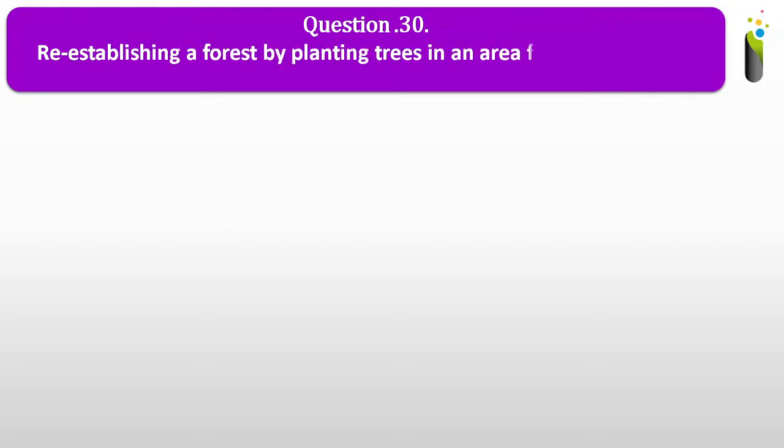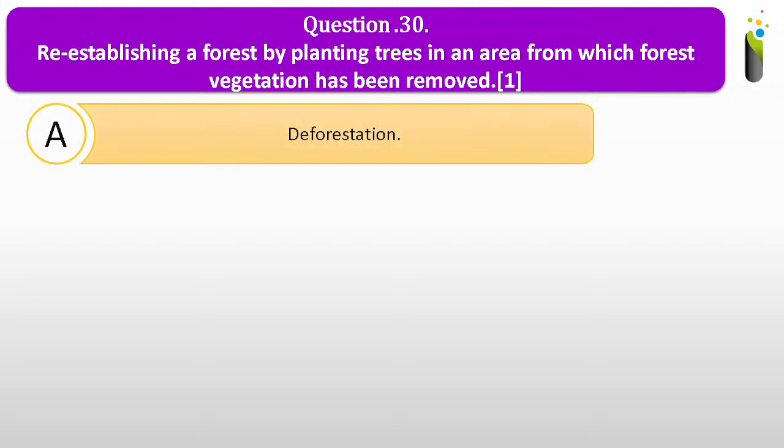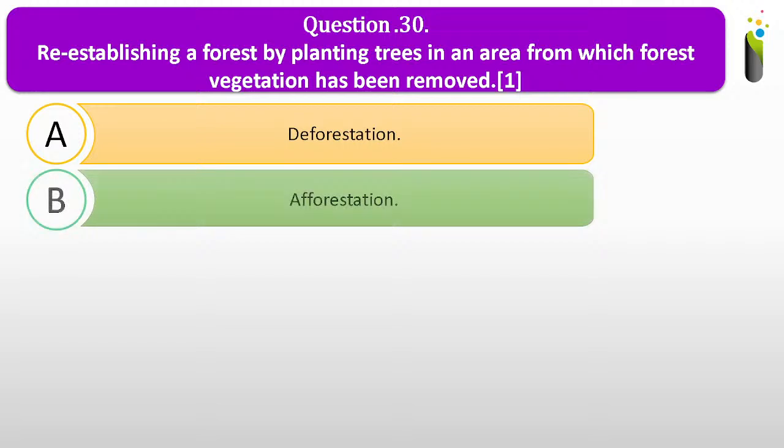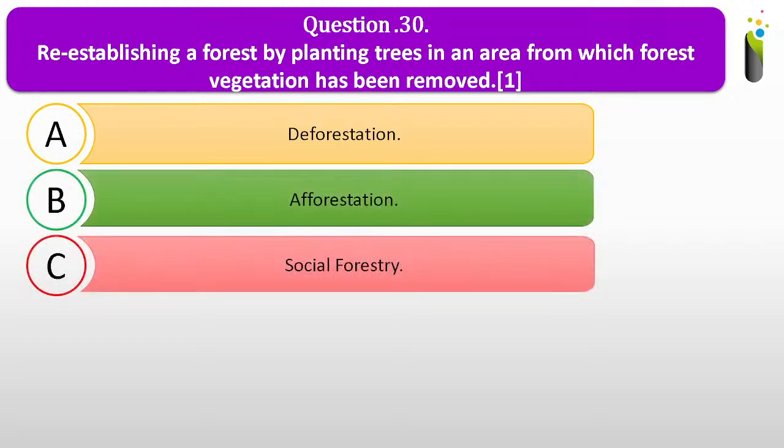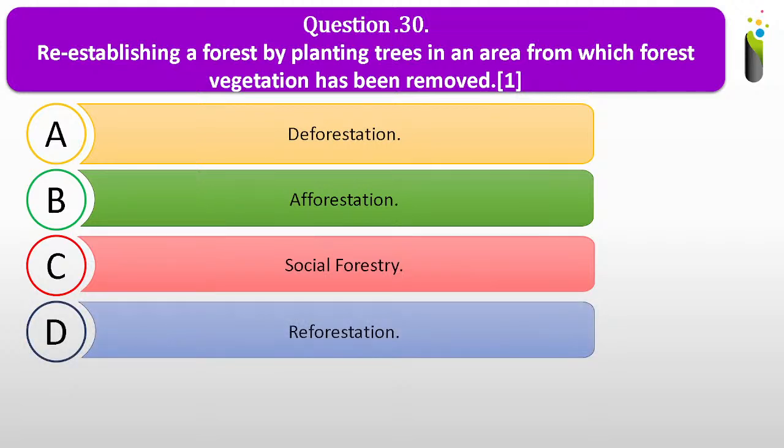Going ahead to question number 30. Re-establishing a forest by planting trees in an area from which forest vegetation has been removed is dash. A. Deforestation. B. Afforestation. C. Social forestry. D. Reforestation.